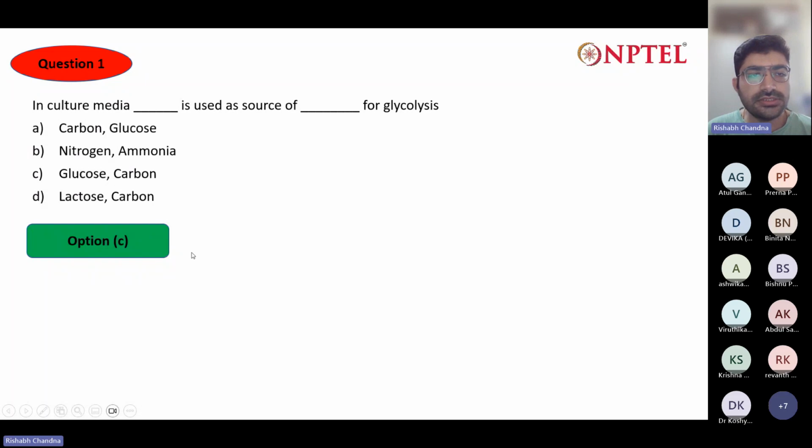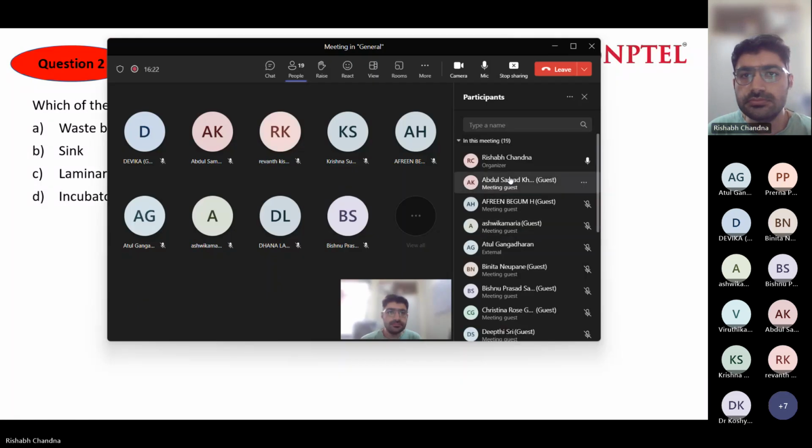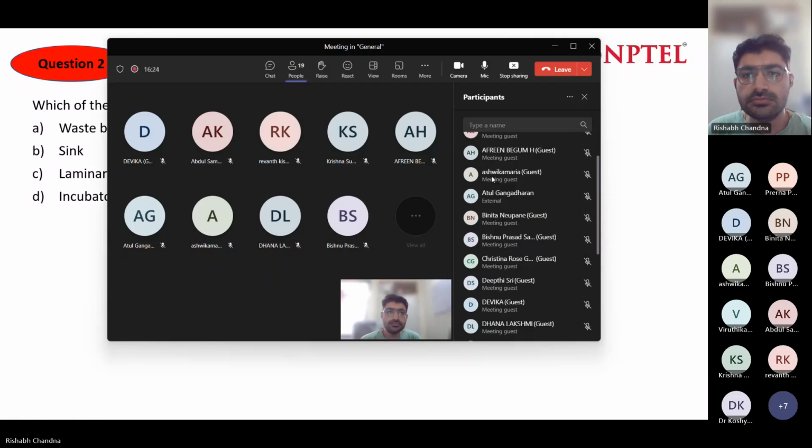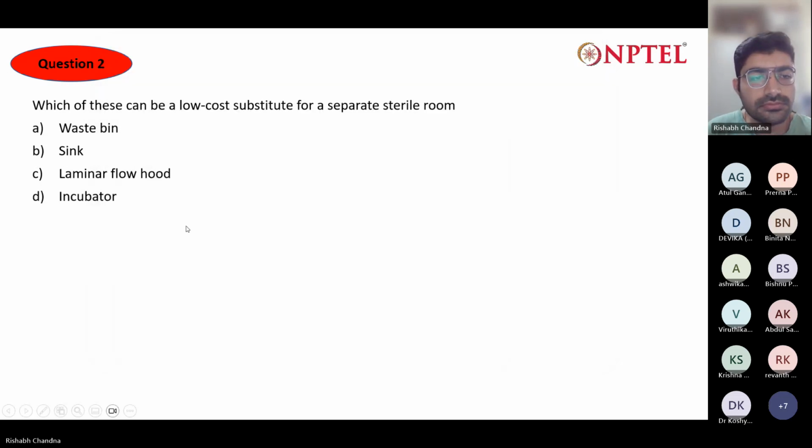So moving on to the next question. Which of these can be a low-cost substitute for a separate sterile room? So here are the options. Can anybody guess? Option C, sir.